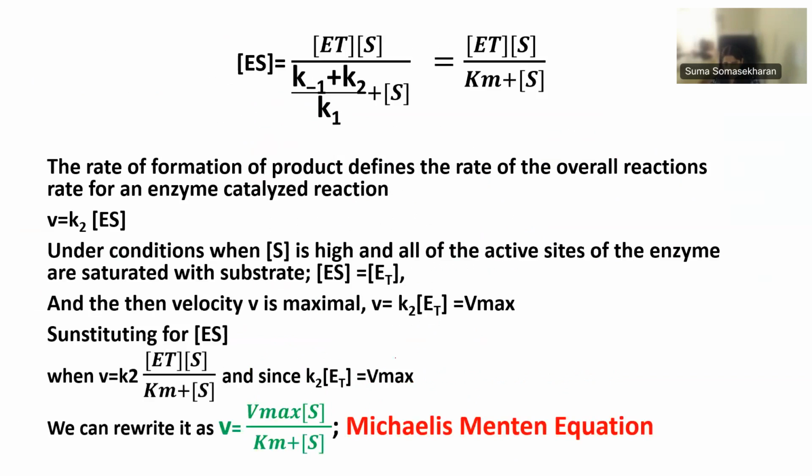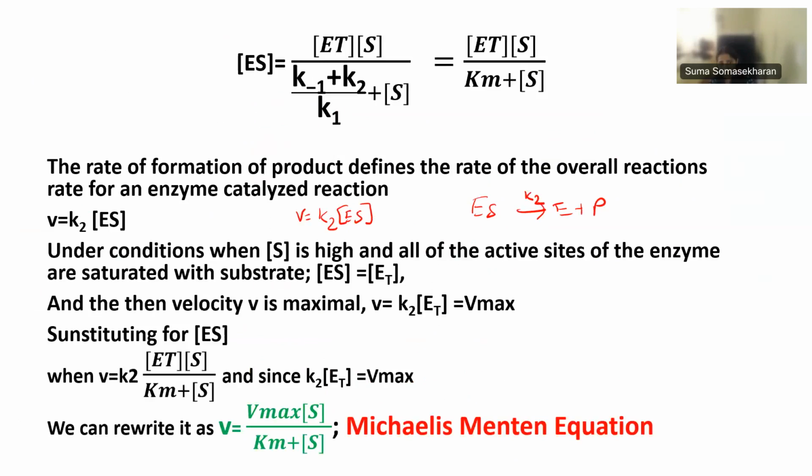So we can further resolve this equation. If we look at the rate of formation of product, the breakdown of enzyme substrate to E plus P, which is defined by K2, is the rate limiting step of the reaction, and therefore we can say that velocity for an enzyme catalyzed reaction is equal to K2 multiplied by ES.